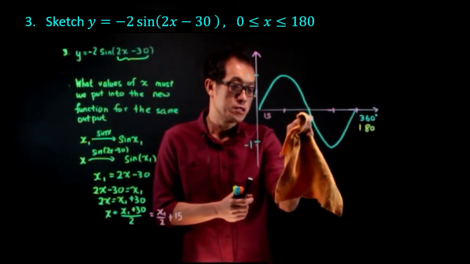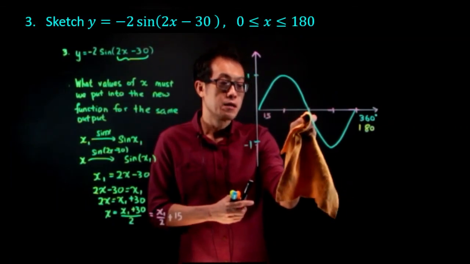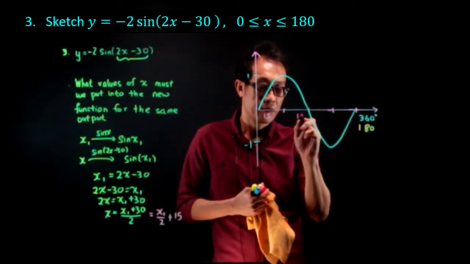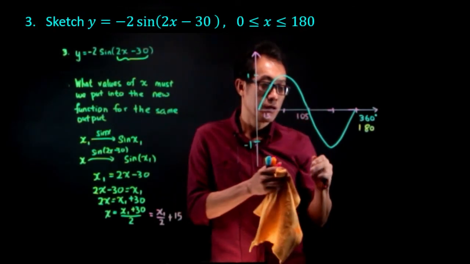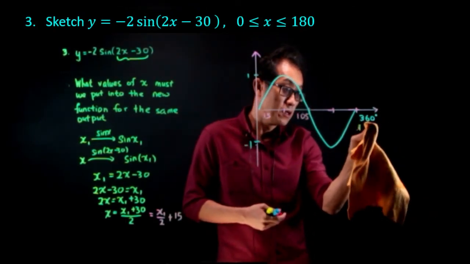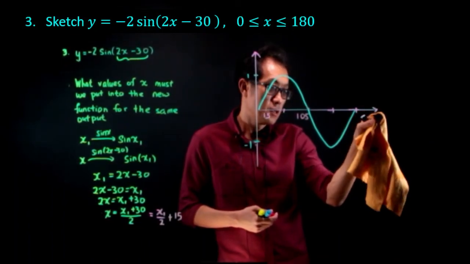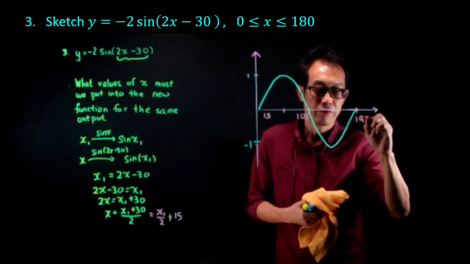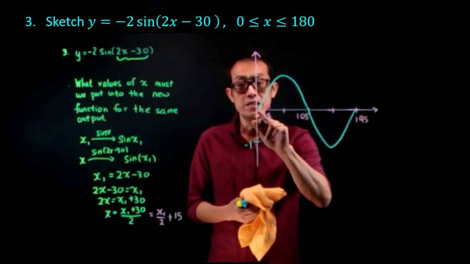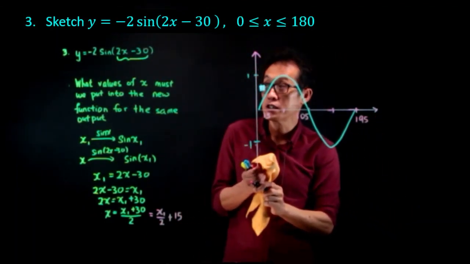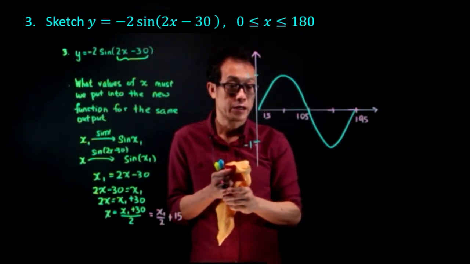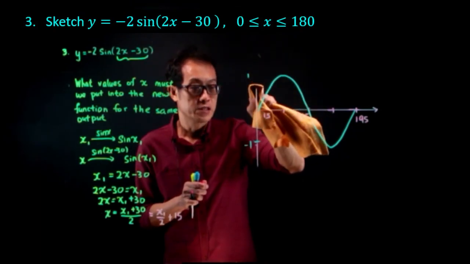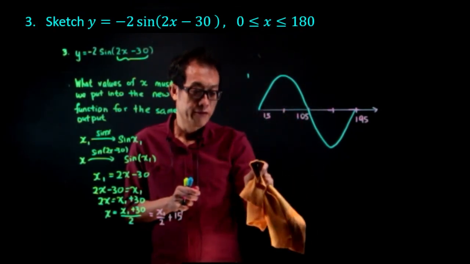This will now be 105 because 90 plus 15 is 105. And what will this be? This will be 195. Now, if this is 15, we need to change the axis as well. So the axis will be shifted to the left.